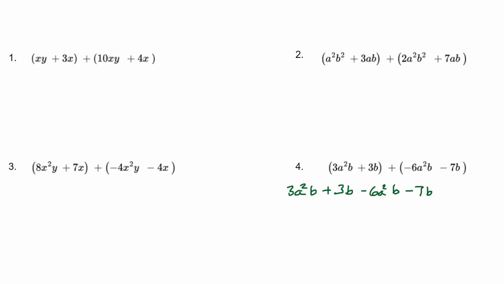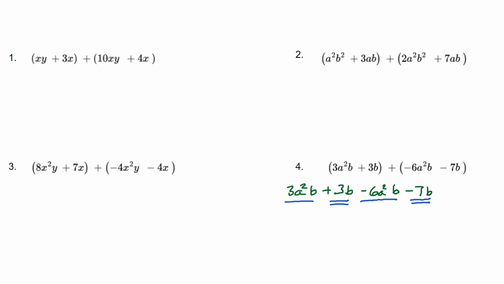Identifying our like terms, a squared b, 3a squared b, and minus 6a squared b. 3b and minus 7b. I'm going to do that regrouping thing again.